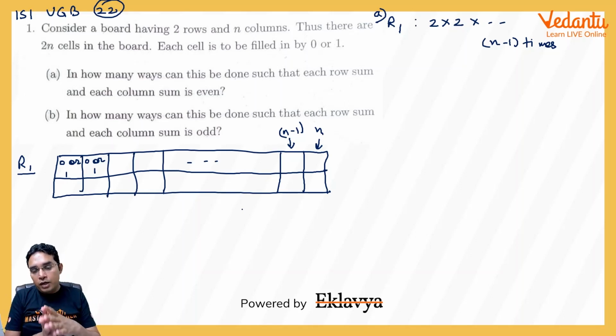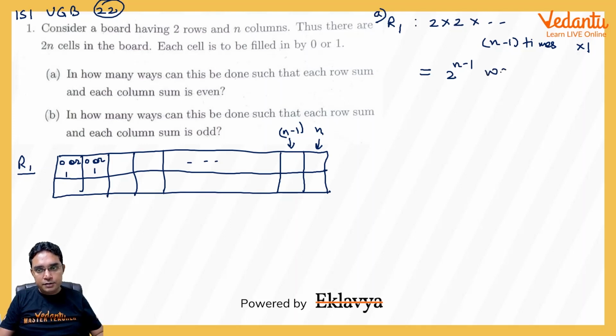Depending upon the sum till this point, we will fill my nth cell in exactly 1 way. If till this point it was even, I will put 0 here. If it was odd, I will put 1 here, so that my sum in row 1 becomes even. So to fill row 1, we have 2 power n minus 1 ways.